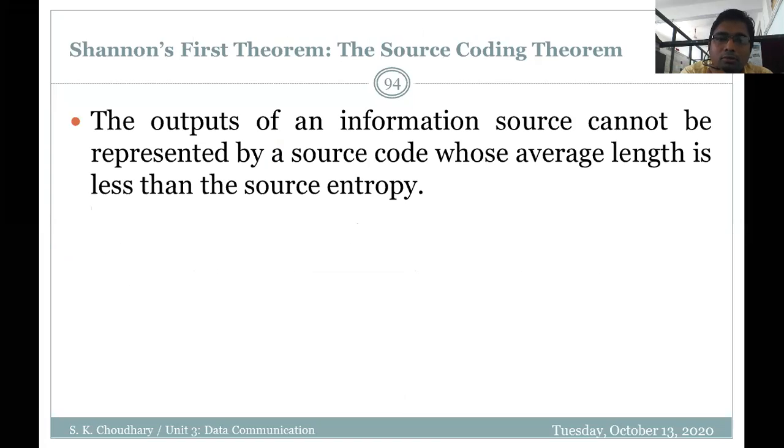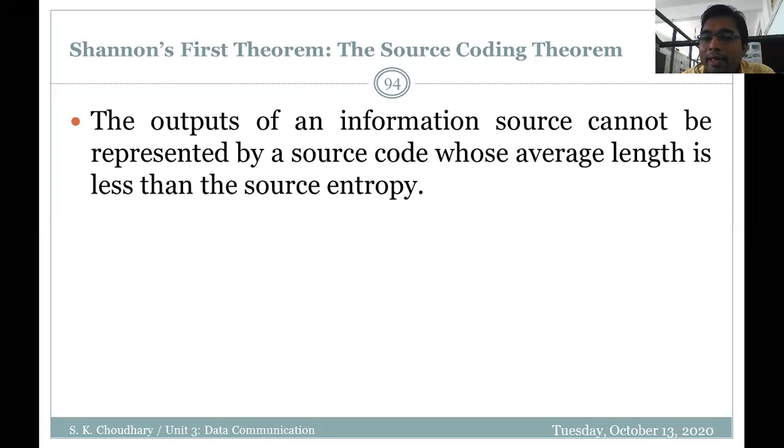Now we have to know Shannon's first theorem, which is also the basis of the source coding theorem. The output of an information source cannot be represented by a source code whose average length is less than the source entropy. This is a very important property of source coding.